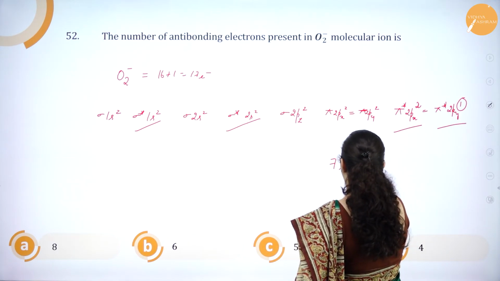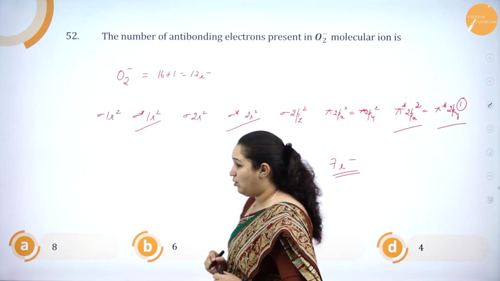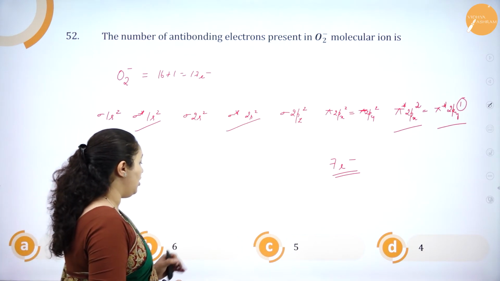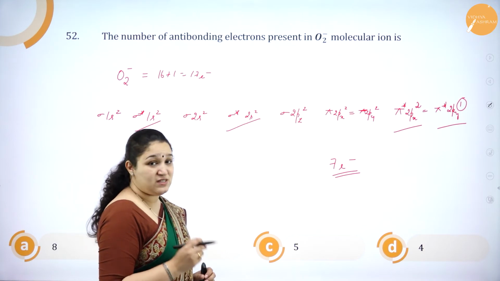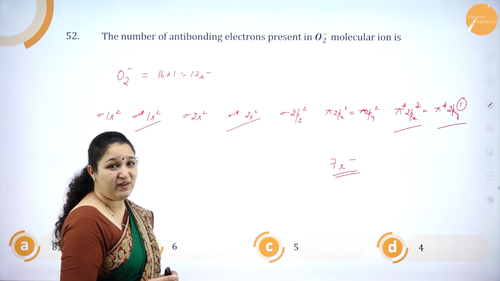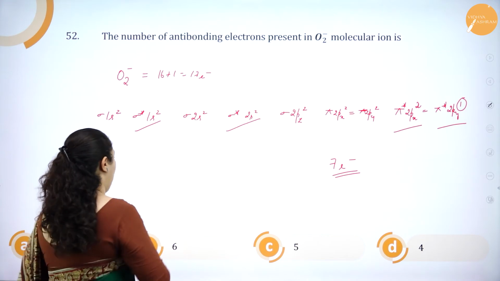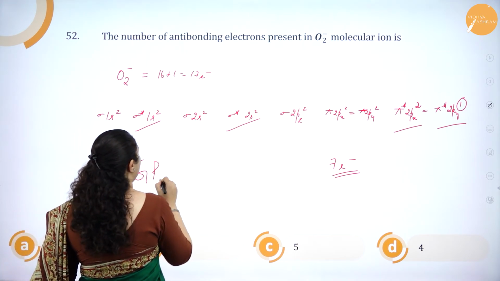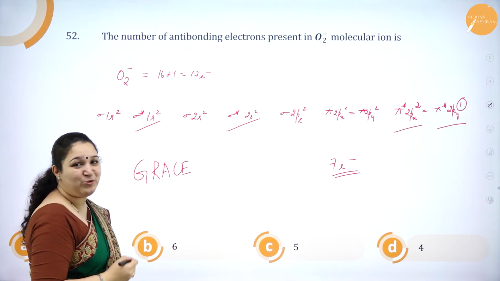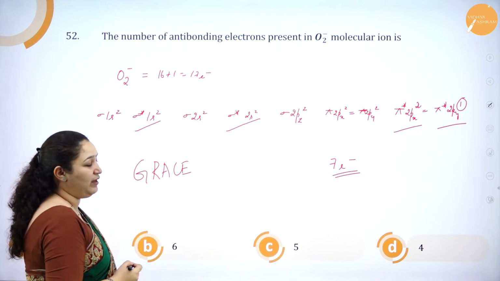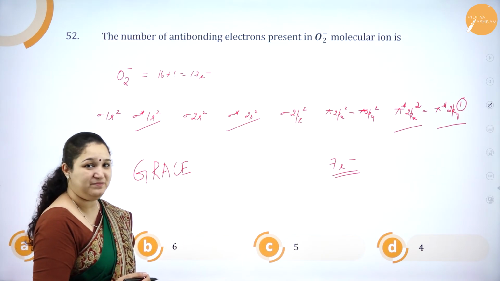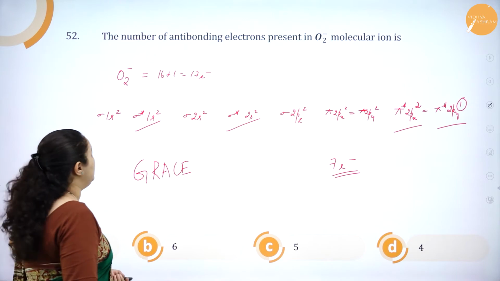So 7 electrons. See my options. Option A 8, option B 6, option C is 5 and option D is 4. Do I have the option 7? No. So this is a grace marks question. As I do not have the correct answer in my options, I should take it as grace marks. Fine? Okay. So next question.